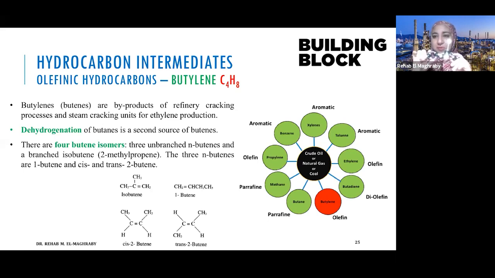The double bond in any of the olefins makes it able to be cracked and linked to other propylene, butylene, or whatever you want to polymerize with. So you crack this bond and butylene reacts with other butylene. This double bond is a way for butylene to react and form polybutene.